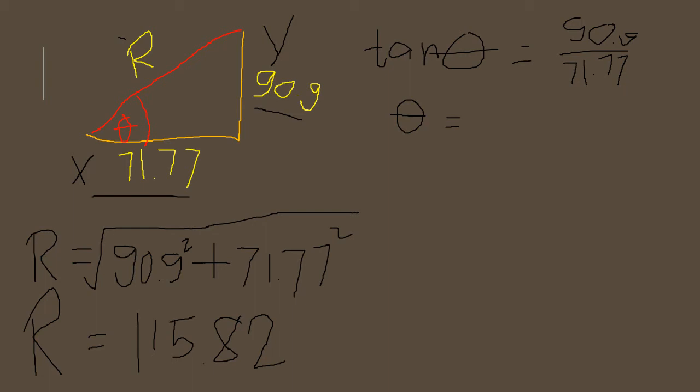So theta is equal to, using your calculator, type shift tan, then the value you get from dividing the 90.9 over 71.77, which is 1.27. So arctan 1.27 is equal to 57.54 degrees.